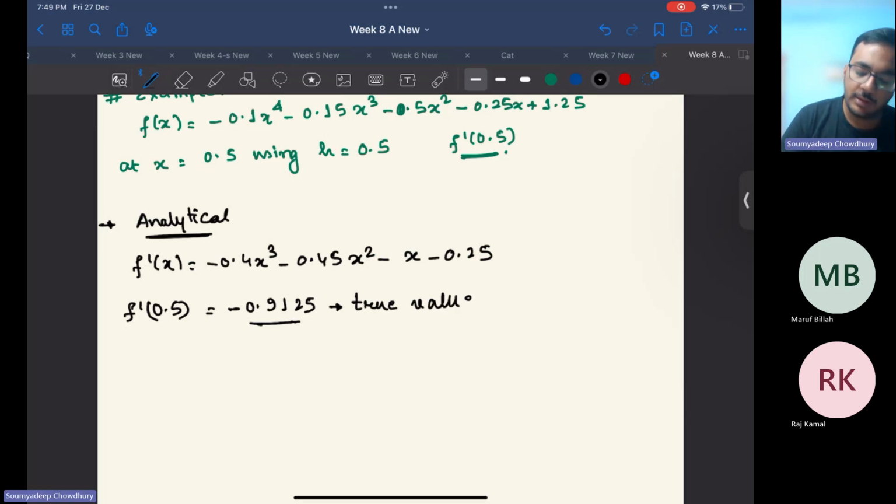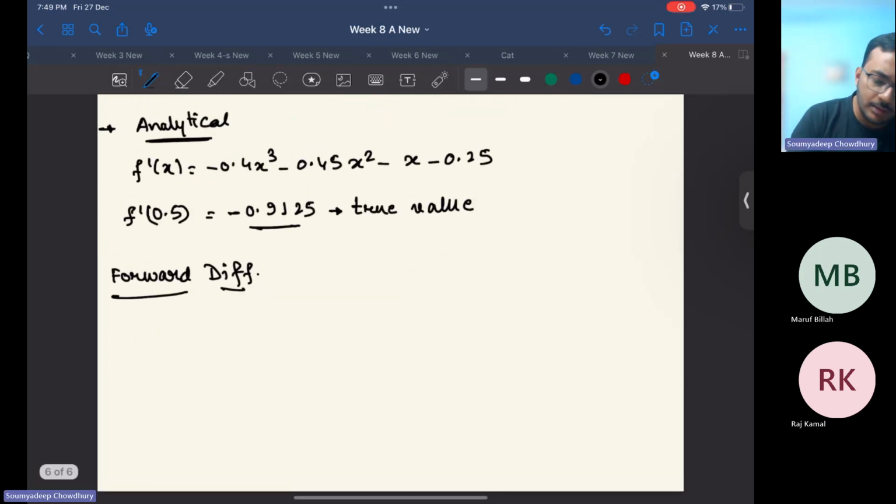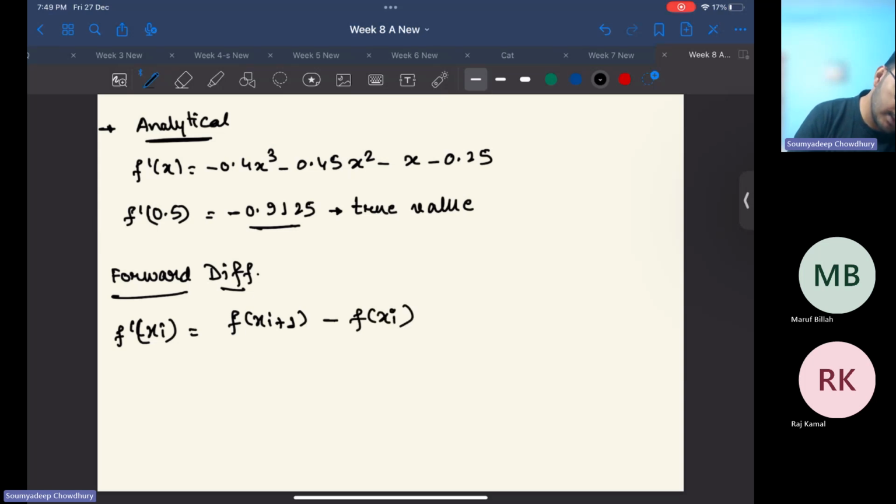Now we will use numerical differentiation and find out using all the approaches. First we'll be using forward difference. What does forward difference tell me? It gives me f dash xi is equal to f of xi plus 1 minus f of xi upon h, right?